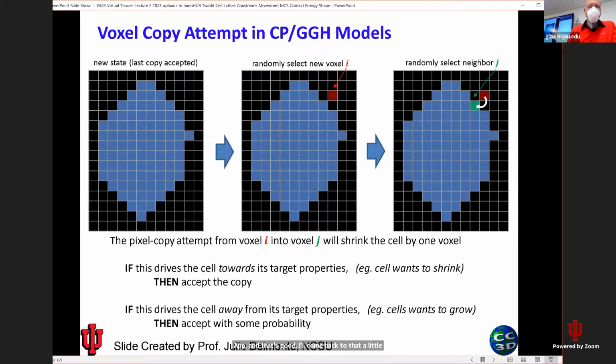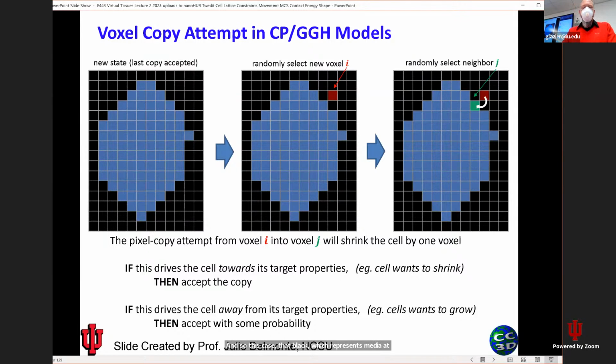Here I'm going the other way. In that case, I've added a voxel to my cell, and in this case, I've shown the blue has accepted that voxel attempt. Now I pick another voxel in red and try to overwrite that. In this case, the black, which represents medium in the environment, is overwriting the blue.